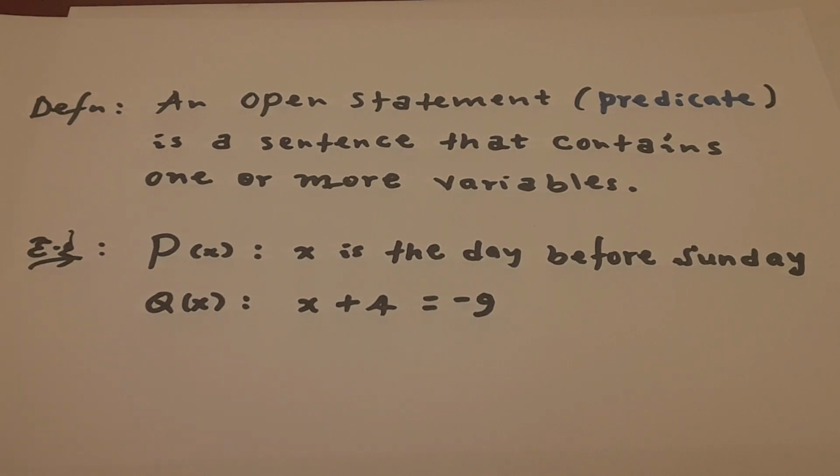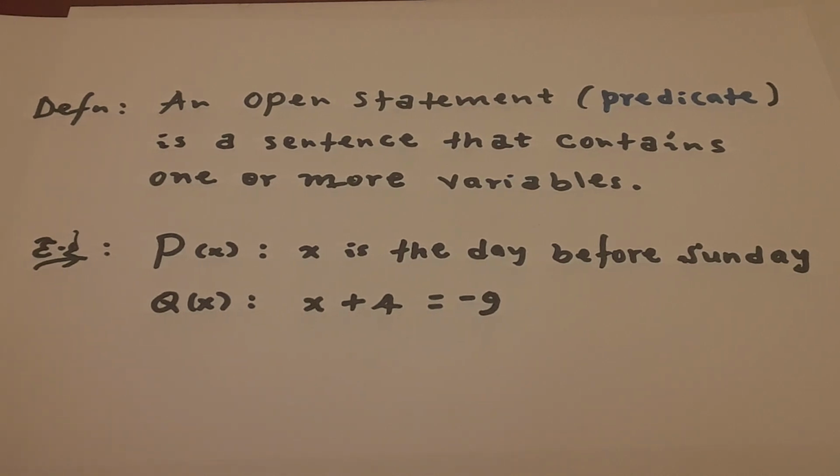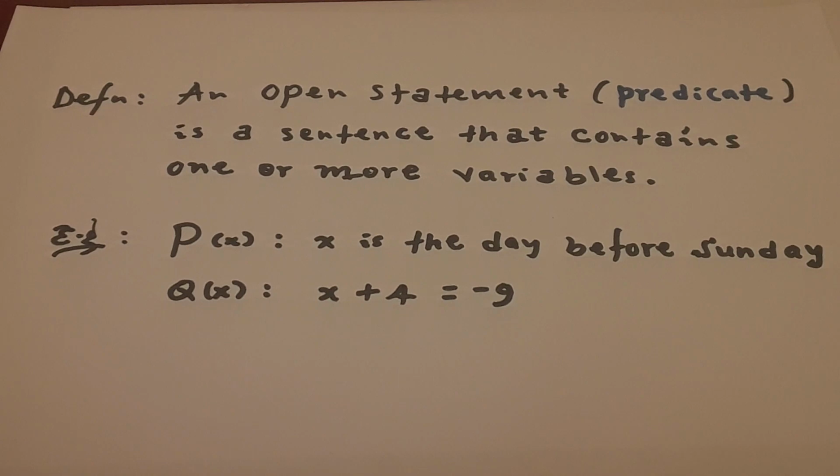But in the other case, it's not a proposition, as we can't assign a truth value to it. However, if individuals are substituted for the variables, then each one of them is a proposition or a statement, like we did before.